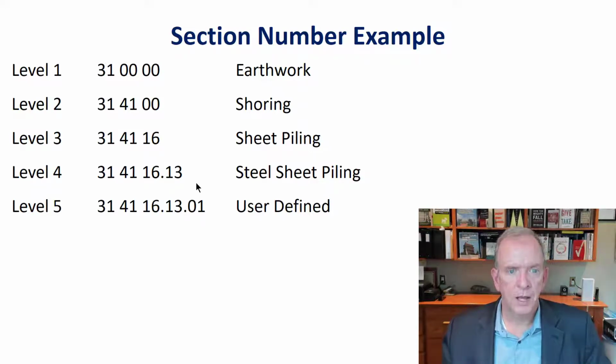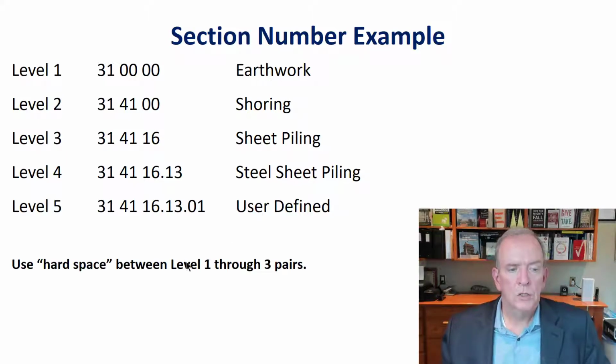Steel sheet piling would always be under this number, right? So it's always a defined number for those parts. Under the 50 division format, they'll have a hard space between them. The 16 division format doesn't, but under the 50 division, 0 to 49, they do.